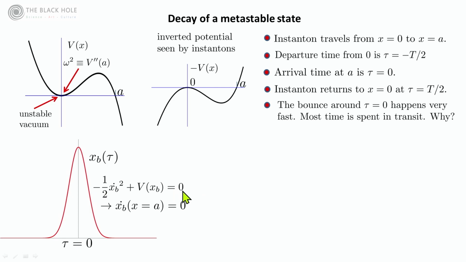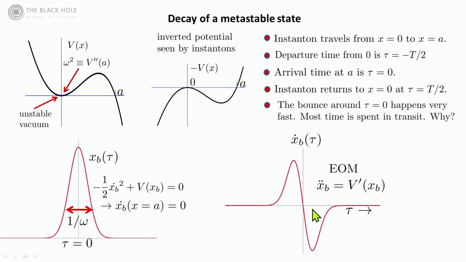And we started out with 0 energy here, and there's 0 energy here as well. So this thing must always be equal to 0, which means that xb dot, and this means dxb by d tau at x equal to a, that's 0. It stopped over there.